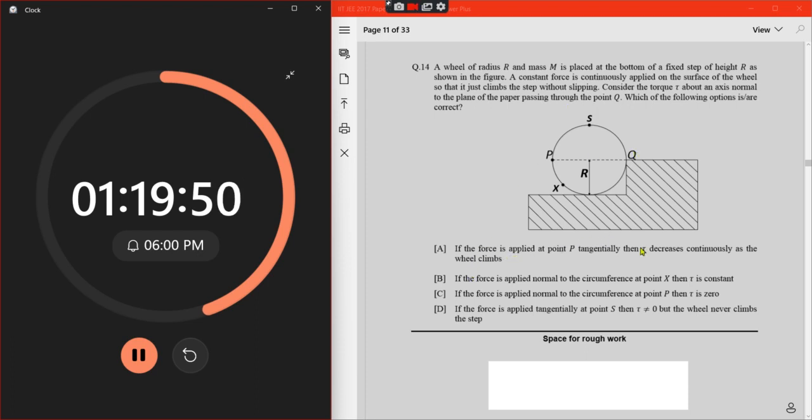If the force is applied at P tangentially, then tau decreases continuously as the wheel climbs. What is, sorry, tau decreases continuously as the wheel climbs? No, about Q चाहिए ना अपने को. So it doesn't change actually because it's a constant force. Yeah, I'm saying constant force, that's what you're saying, right?